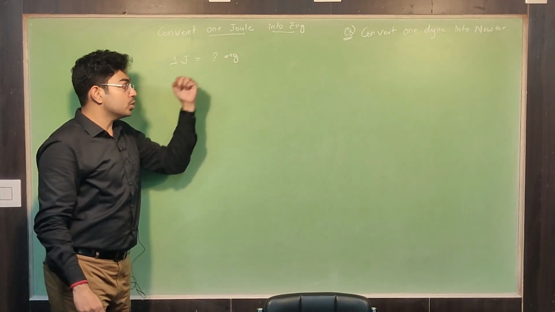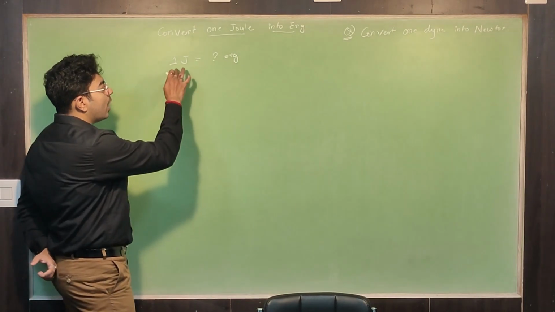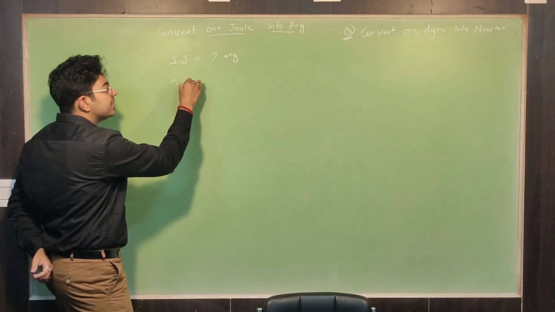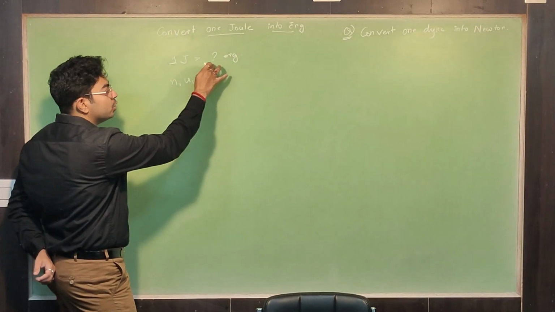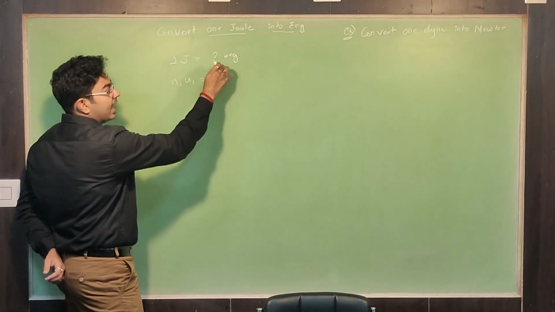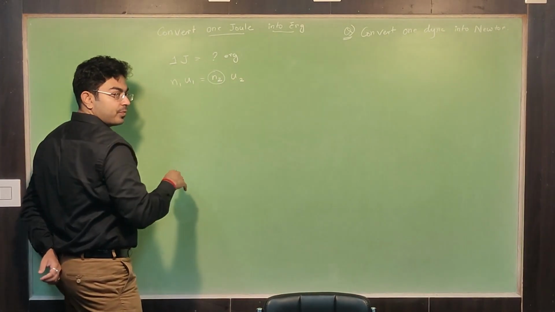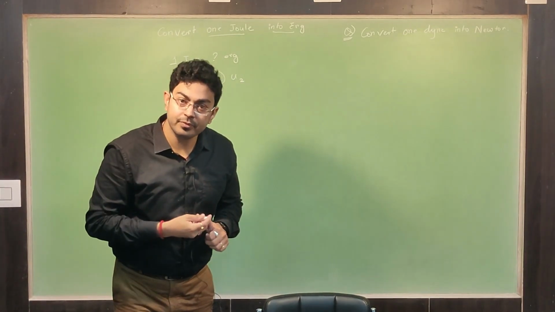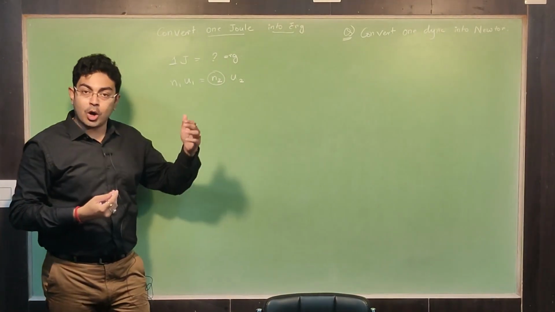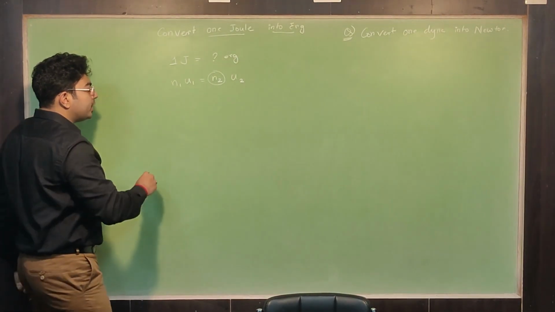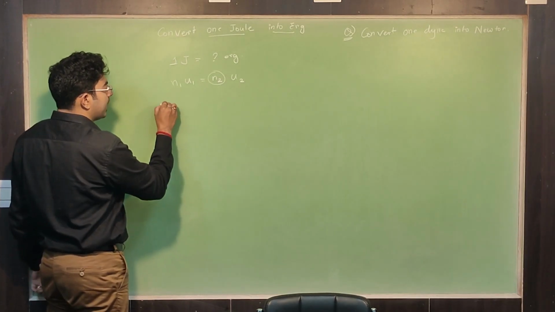Now just see here, 1 joule, that means this is your N1. Joule is your U1. You don't know about this, right? This is your N2. You have to find this out. And erg is U2. Now tell me, for a given quantity, the dimension remains same, whether it is unit U1 or unit U2, right? So what can you write over there? N1.